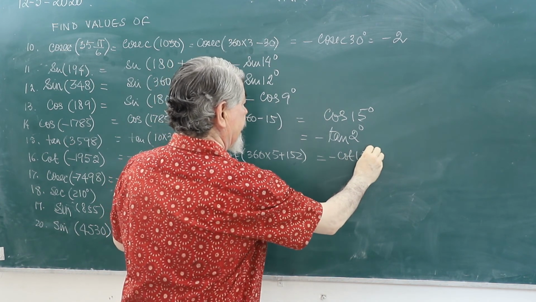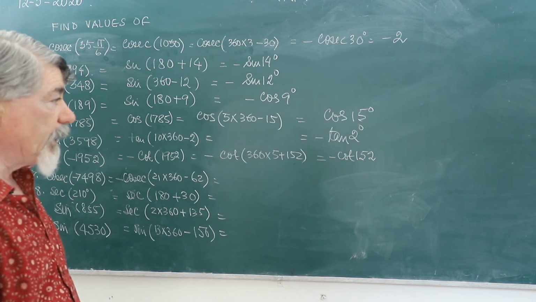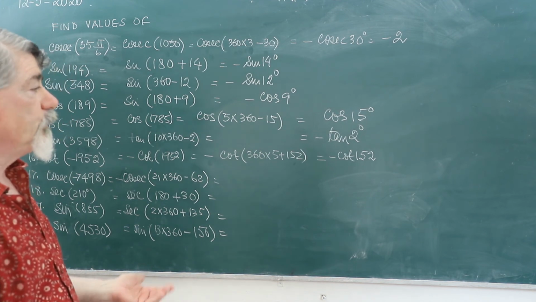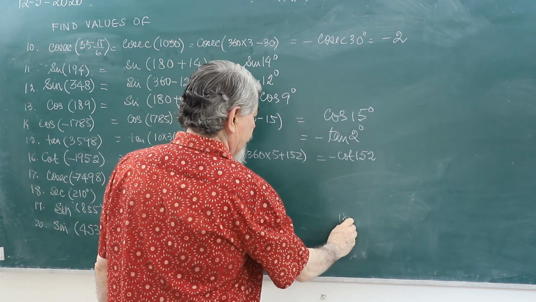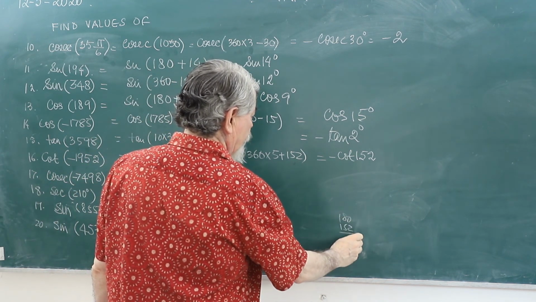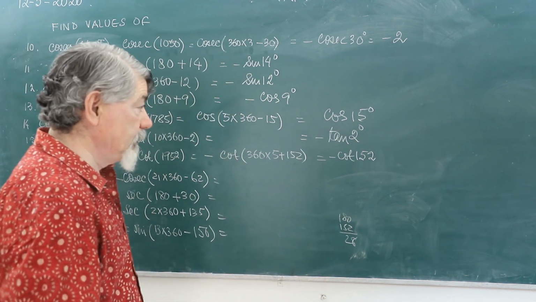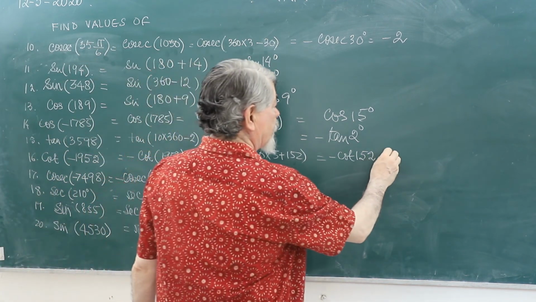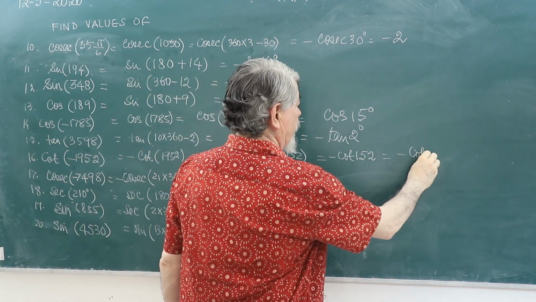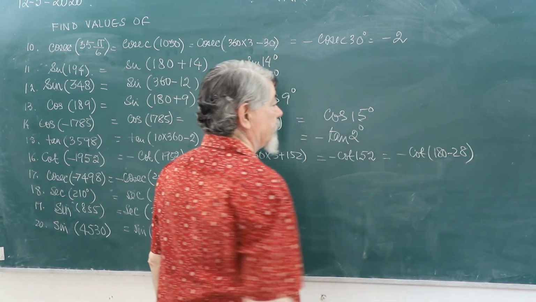Now again we will arrange 152. You can do 90 plus something, but you can do 180 minus. If you subtract 152 from 180, what will you get? 28. So 180 minus 28. It will become cot 180 minus 28.